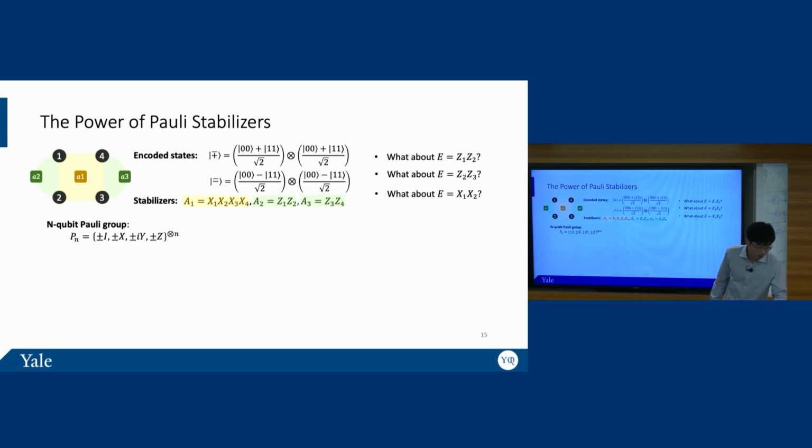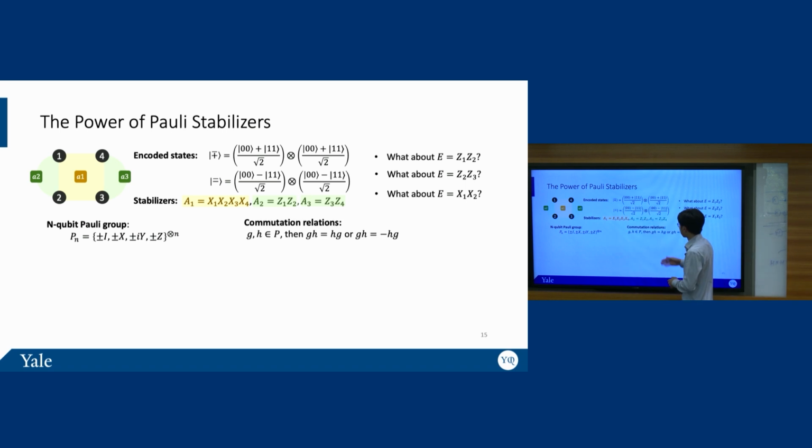And they nicely form a group because multiplying X, Y, Z together gives you another Pauli operation. They also have very nice commutation relations. Exchanging the ordering of applying X and Z, for example, introduces a negative sign. So they anti-commute.